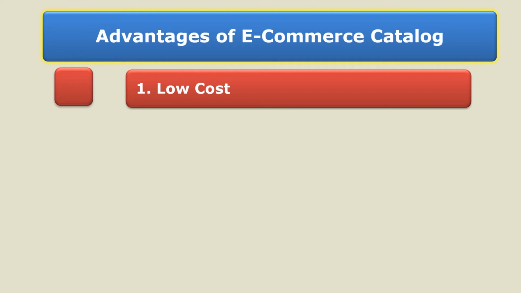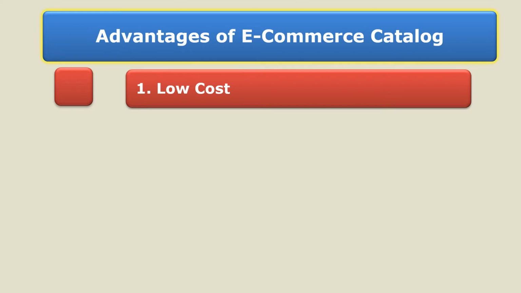In this way, it consists of multimedia content, and its main intention is to attract more and more customers, and it is also meant for doing some advertising so that it improves business opportunities. It even acts as a communication tool. In this context, let us understand the advantages of e-commerce catalog.